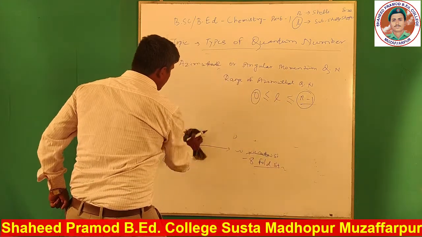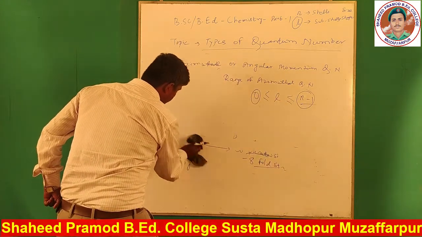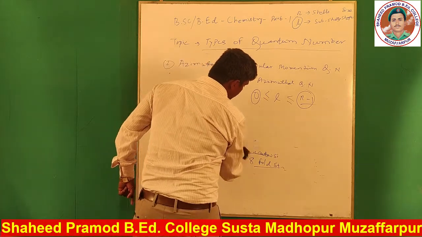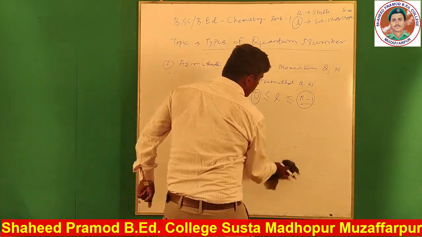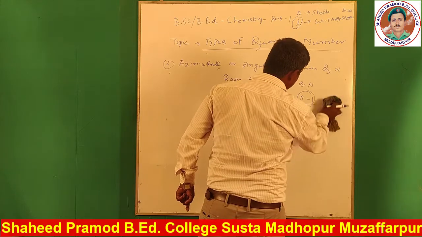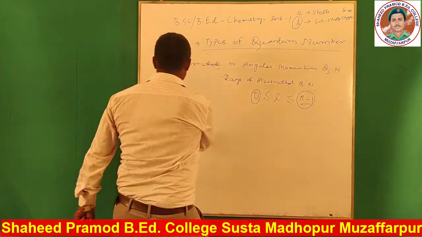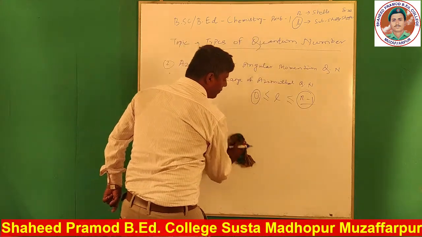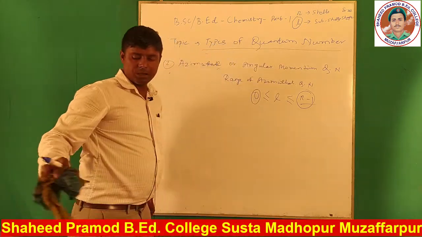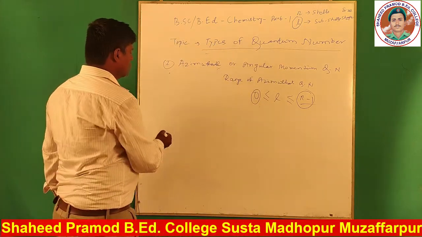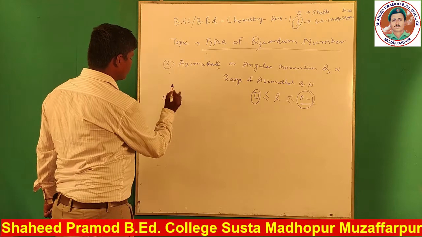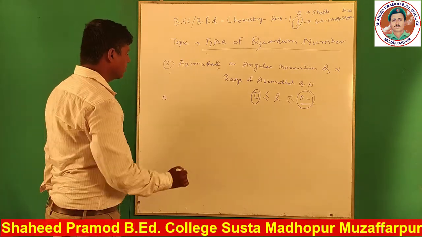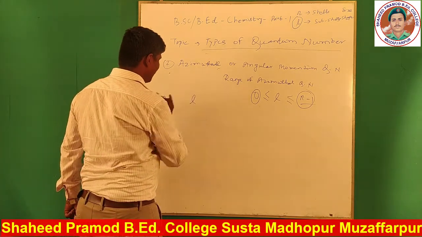As the value of L lies between 0 to n minus 1, let us see what the actual value of azimuthal quantum number is with respect to principal quantum number. For example, n is the principal quantum number. What will be the value of L? Let us see.